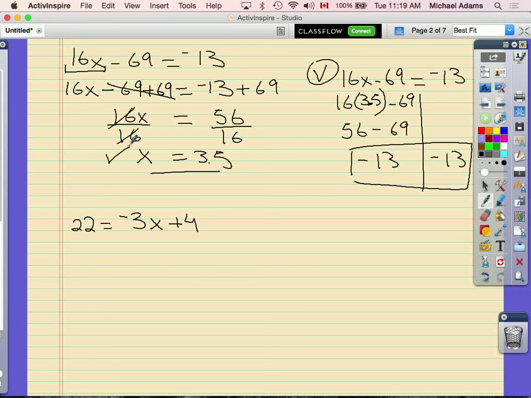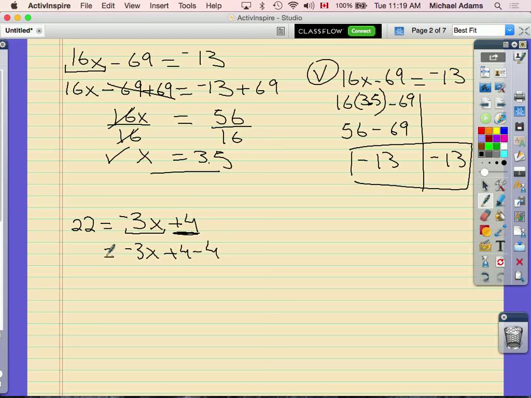So let's do this together. So I have a negative 3x plus 4. I need to get rid of this first, this plus 4. What's the opposite of a plus 4? Well, that's a minus 4. So I'm going to take 4 away from both sides. Take the 4 away over here.